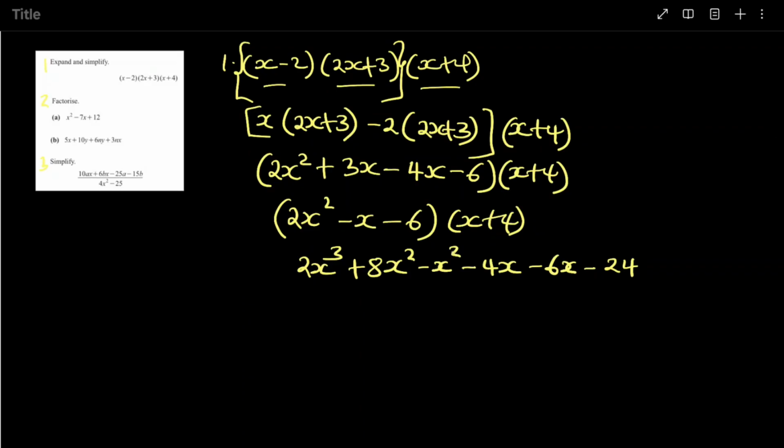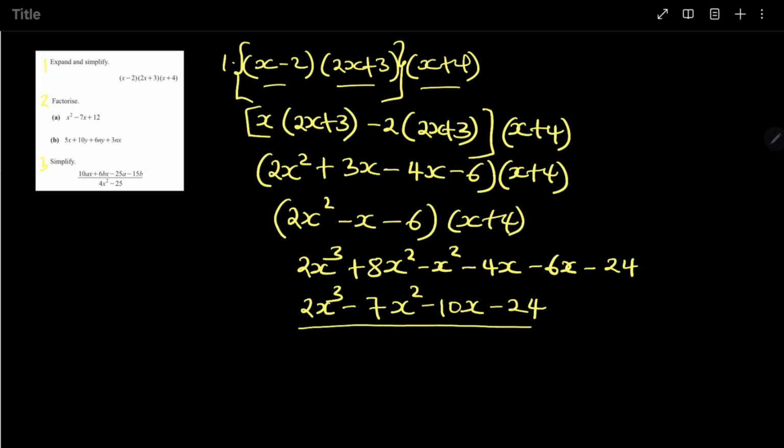Basically, they're already collected because the cubed is here, the squareds are here too, and the x's are here, and the constant is here. Meaning, we're going to have 2x cubed, 8x squared minus 1x squared, we remain with 7x squared, negative 4 minus 6, that's negative 10x, and then minus 24.